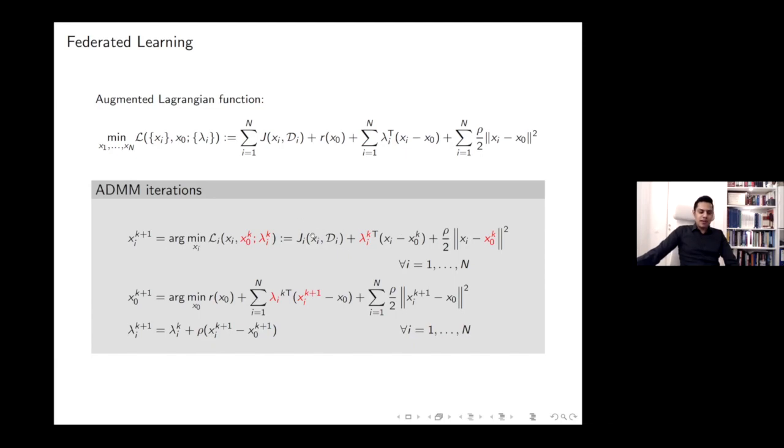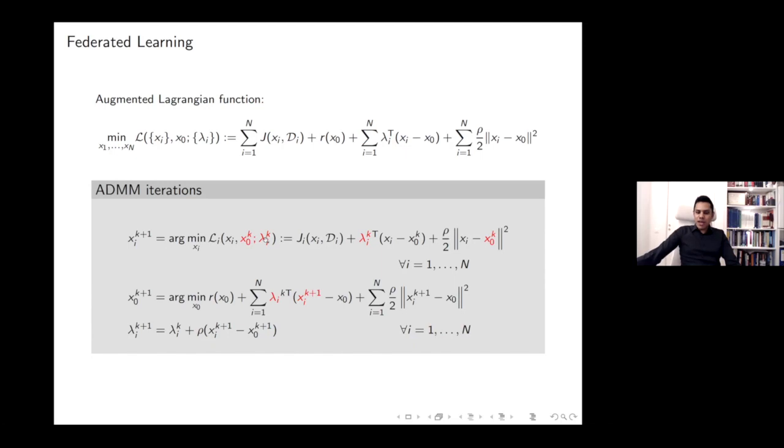So the idea here is that the optimal solution between one iteration and the next is not that different, right? Because once we solve the optimization problem for a given value of x0 and lambda i, we then update x0 and lambda i, and then we go back and solve the subproblem again. And when we do that, the only thing that has changed now is these parameters x0 and lambda i.